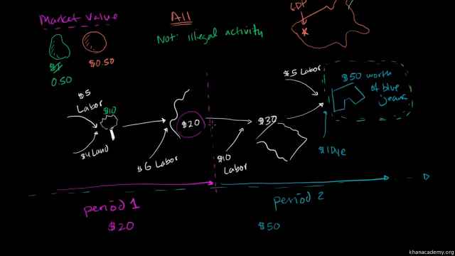Or you could say we'll subtract out the market value of the inputs at the beginning of that period. So you'd say $50 minus the $20. And so you would get a contribution to GDP by taking this $20 intermediary good and turning it into a $50 final good. The contribution to GDP in period 2 would be $30.